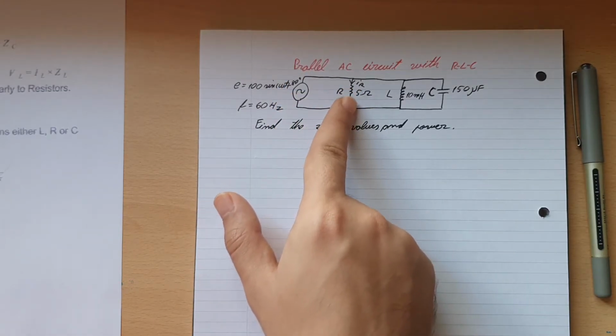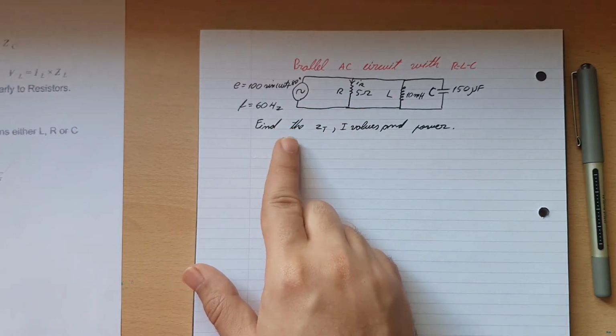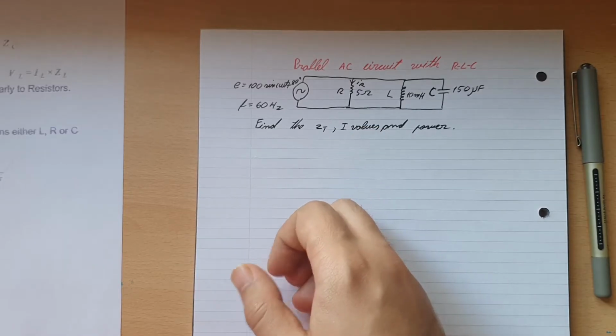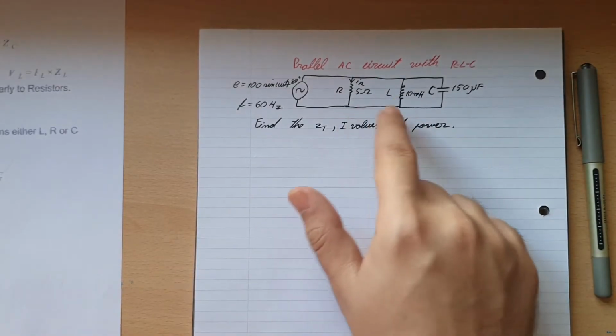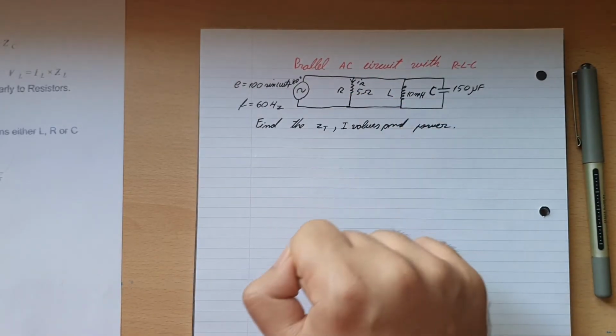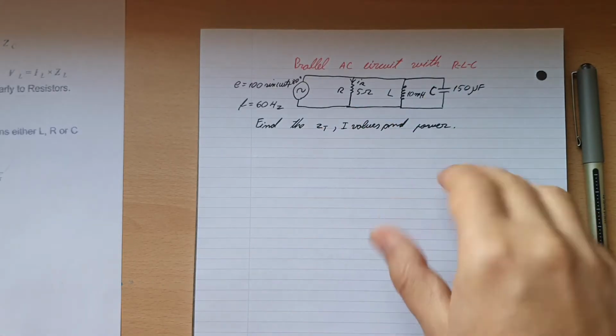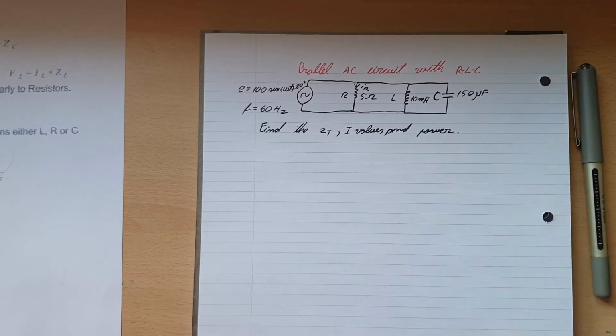And we need to find ZT, the current I, and the power. So I won't bother you to find each individual current. If you wish, you can do that. But what we need to do is to find the ZT value, the current value, and the power value. Why do I do so?